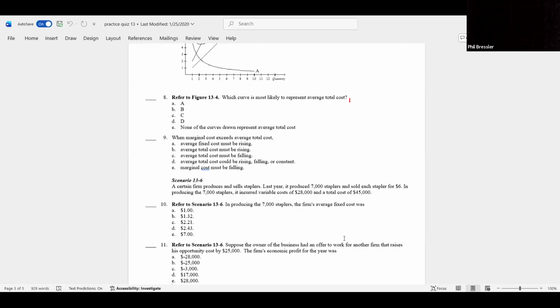We figured out it was 17,000, so you divide it by 7,000 staplers. If they asked for the average variable cost, you would take the 28,000 and divide it by 7,000. If they asked for the average total cost, you would take the 45,000 and divide it by 7,000.